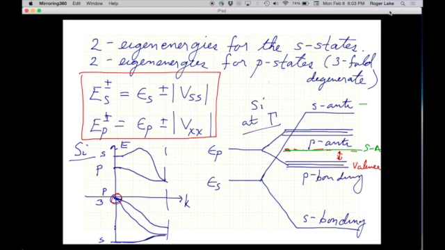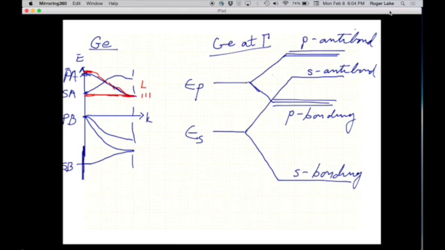And the conduction band, at least for the direct gap materials, is a pure S state. So you get something that looks a little more direct, like germanium. So the conduction band at gamma, this would be your E sub C at gamma. It's not really your true conduction band.